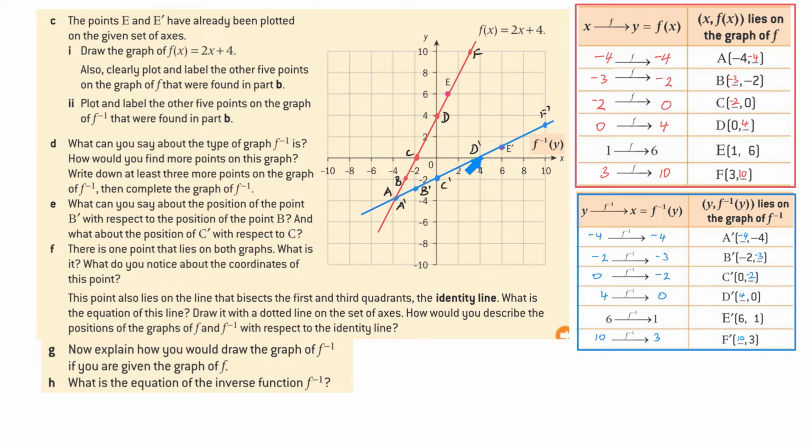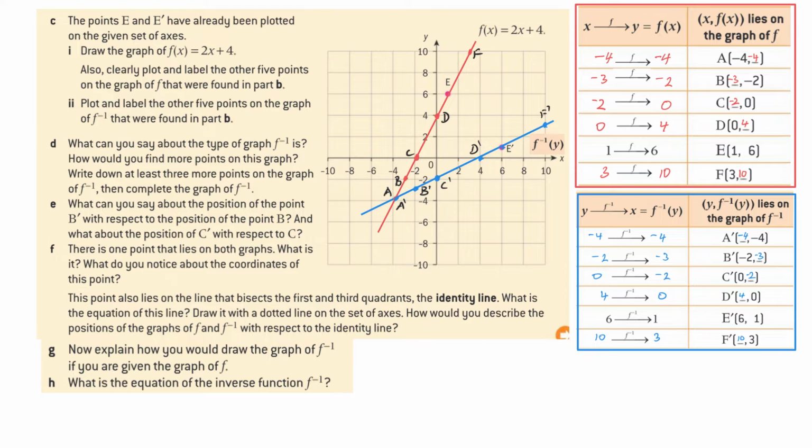Look, if we look at D and D dash, if you join the line between those two, it would cut through that point, and it's 45 degrees to the x-axis as it cuts across the x-axis, and as it cuts across the y-axis, it cuts across at 45 degrees as well. So we've got to think about, what is that relationship? If we knew this function, could we draw the blue function without these coordinate points?